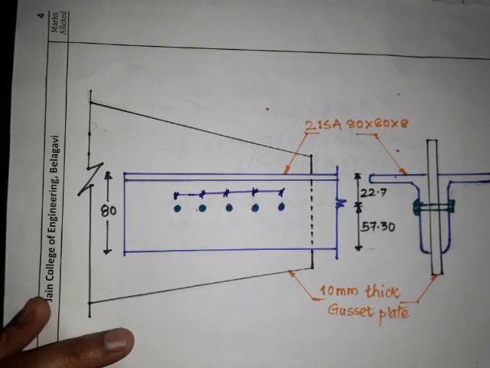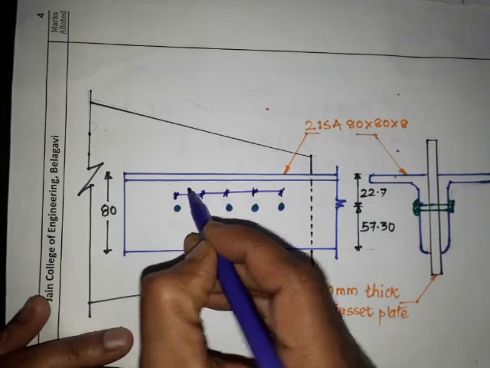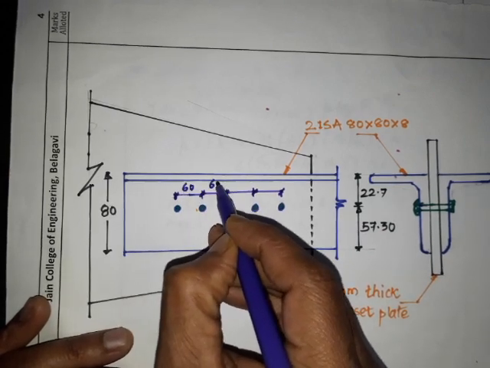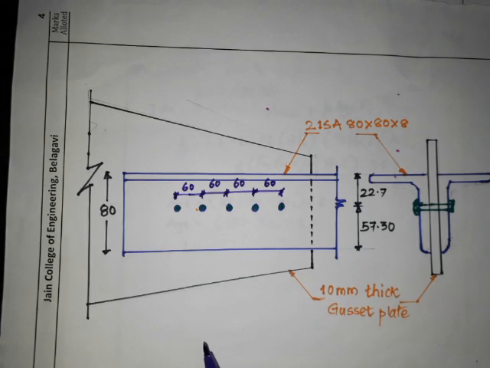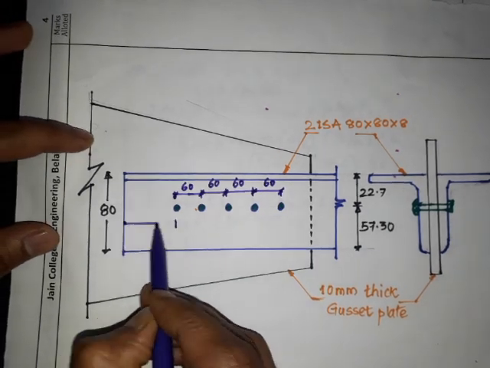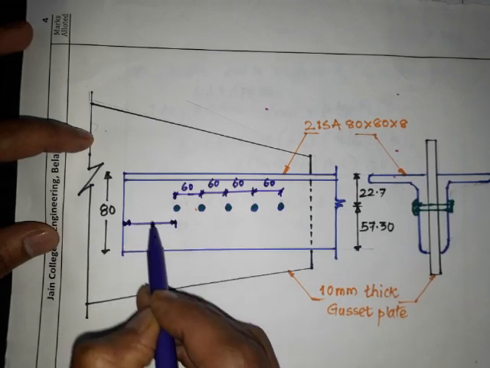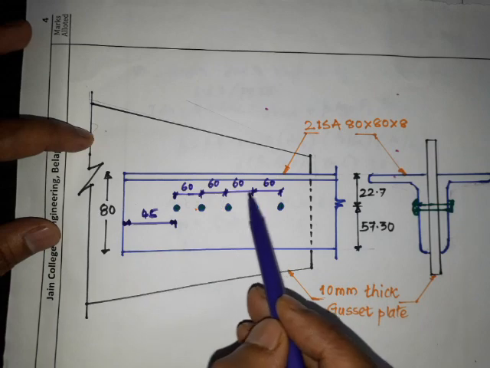So the pitch distance we have assumed as 60 mm. So this is 60, 60, 60, 60. And the edge distance is from here to here. The edge distance is 45, 60, 60, 60, 60.